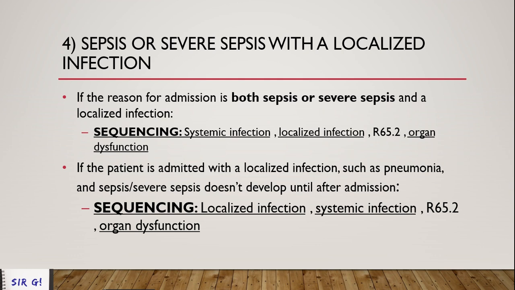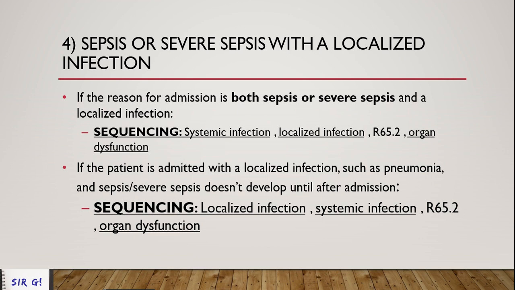Okay, next guideline: sepsis or severe sepsis with a localized infection. So remember, as I mentioned a while ago, when we say systemic, it's already throughout the body, throughout your circulatory system already. But it can also happen that you have a systemic infection, plus you may also have a localized infection. Okay, so double jeopardy.